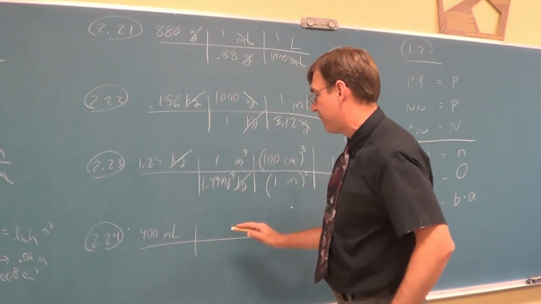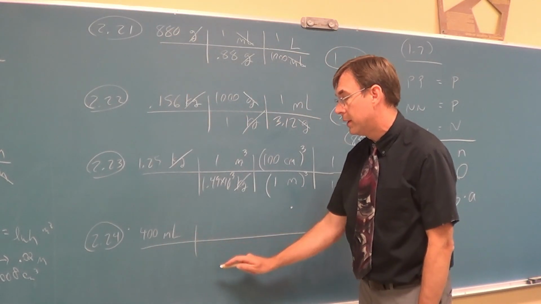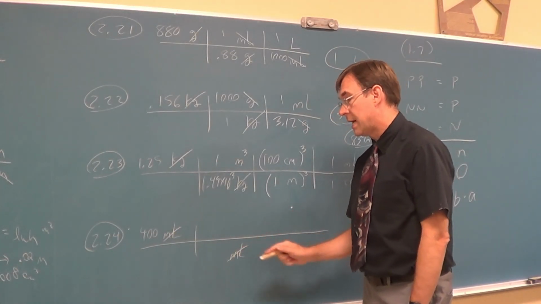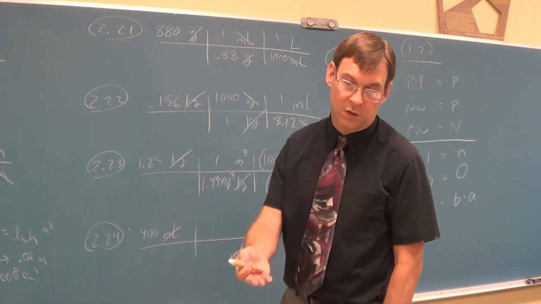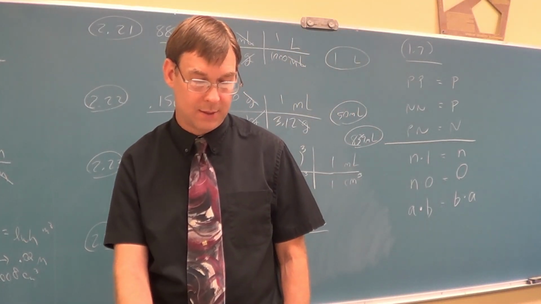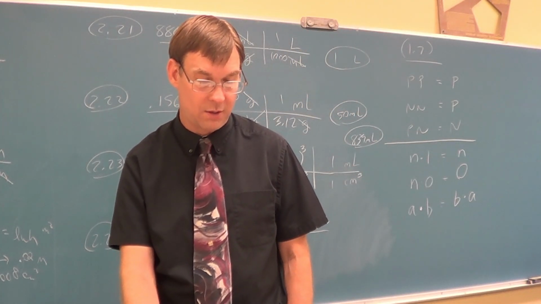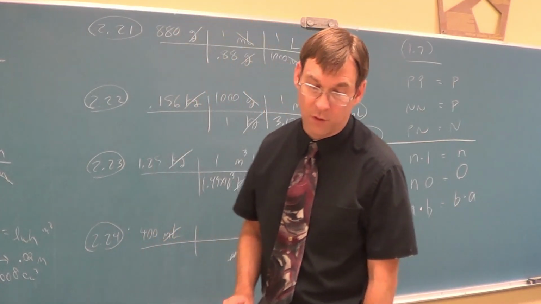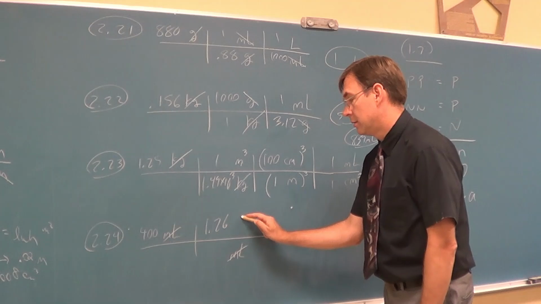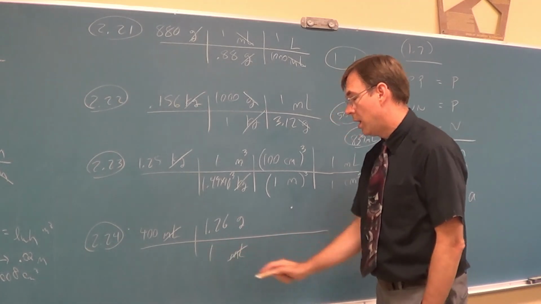2.24, what should go in the first slot is 400 milliliters, which means automatically milliliters goes downstairs. I'd always look for a conversion factor in the story before I'd scan my memory banks. Do you have a conversion factor in the story with milliliters involved? 1.26 grams for every 1 milliliter.